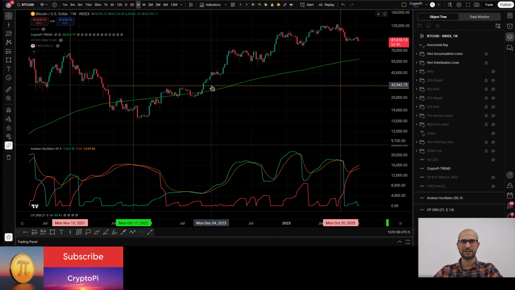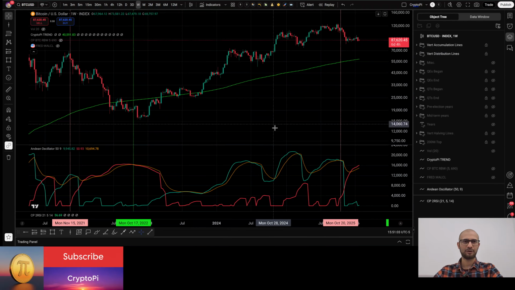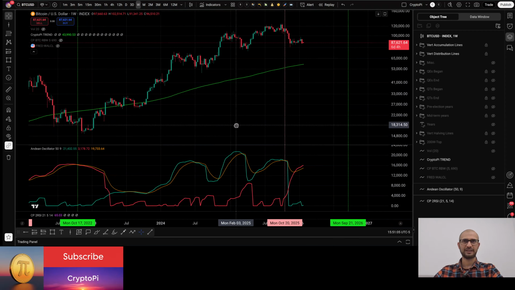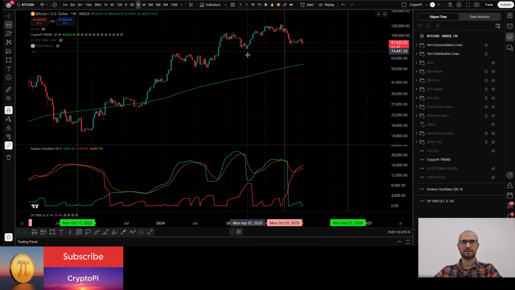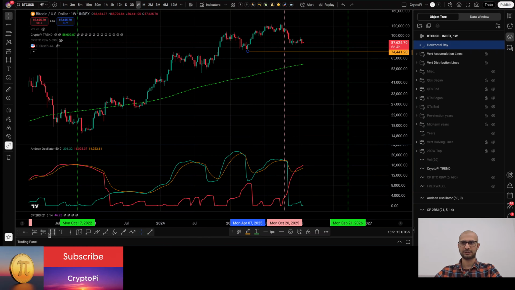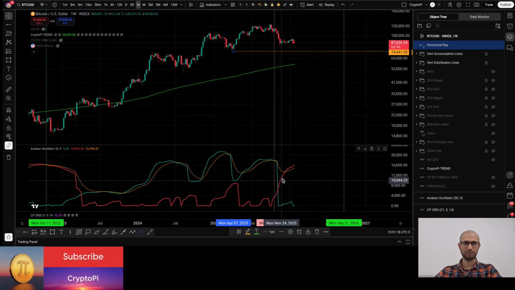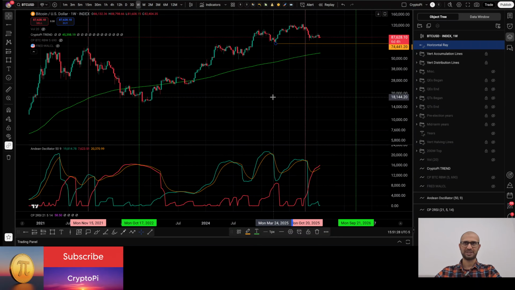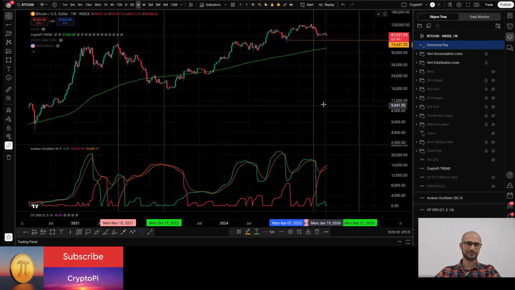For the bear market, we have not yet got any confirmation about a break of structure. This would be the break of structure that will give us the confirmation. We do have confirmation from the bullish component, and we do have confirmation from the distribution line. Price has crossed the distribution line, and the other signal is that it is a midterm year.